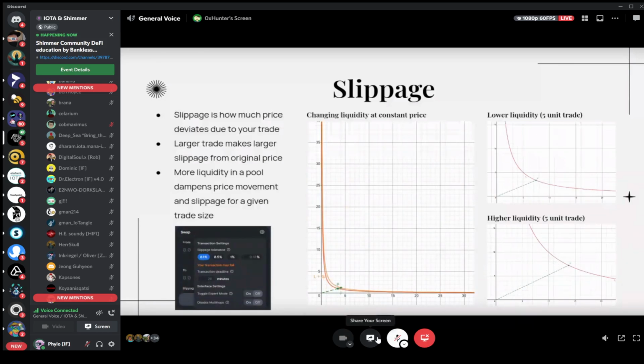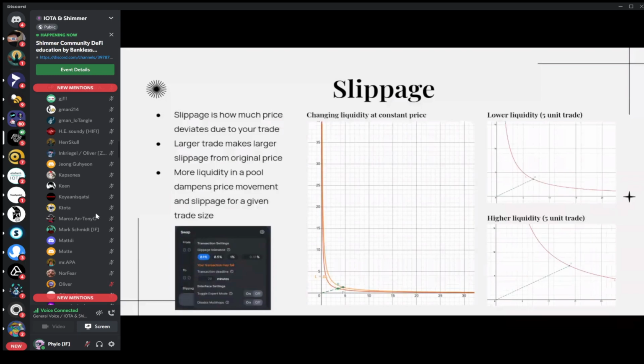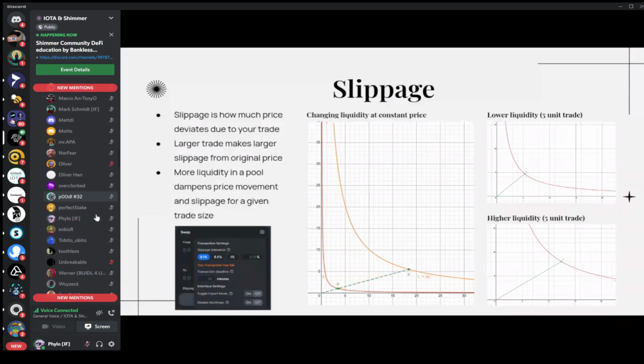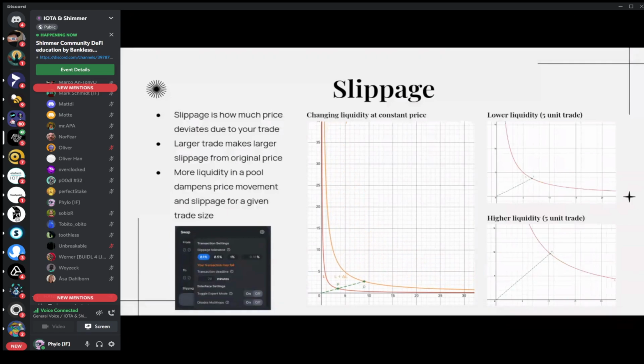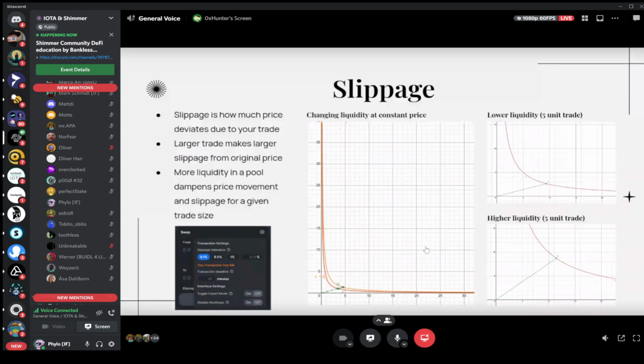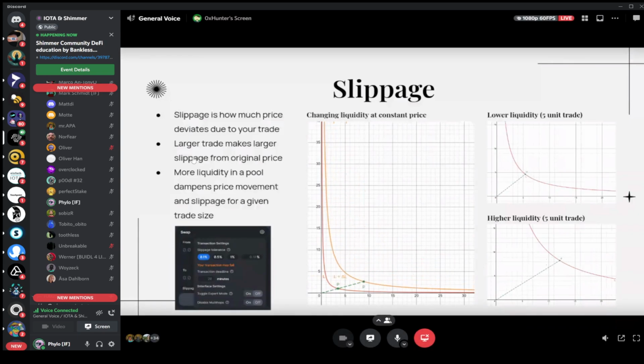This is also why you have to be careful with tokens. If you buy a certain amount of a token, you should check the liquidity on decentralized exchanges to see how much money you can actually get from selling that token, because sometimes they're very low liquidity, and if you sell $1,000 of a token, you'll only get like $500 out of it because of how these curves work.